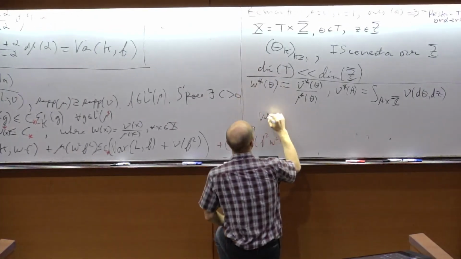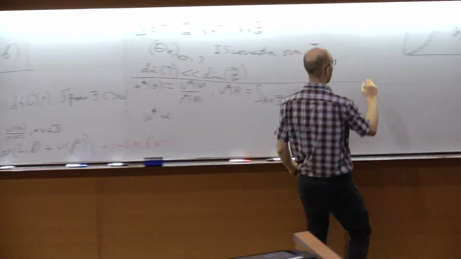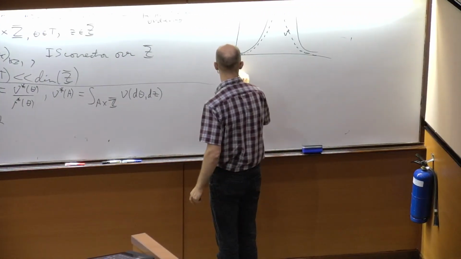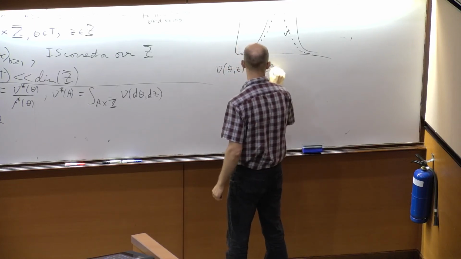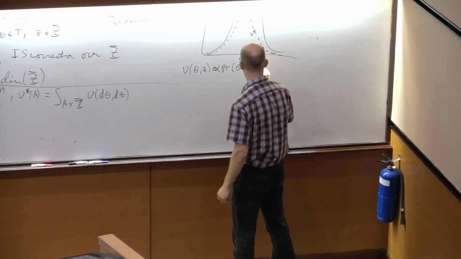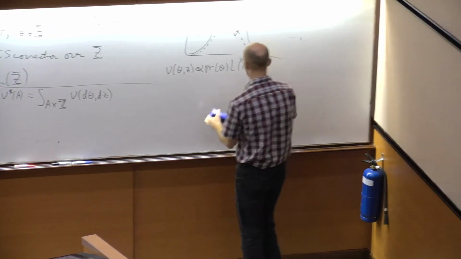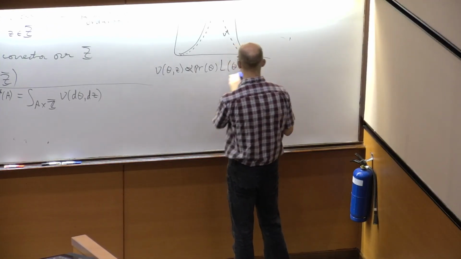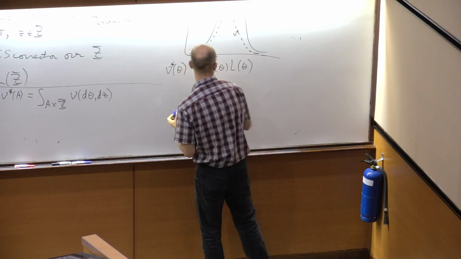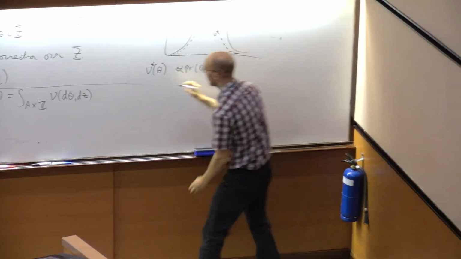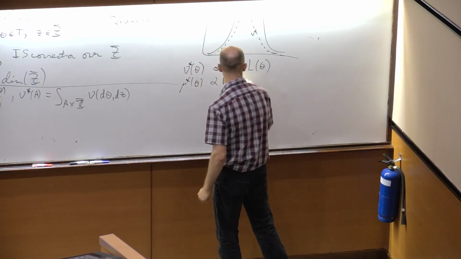So the W star, we can write nu as proportional to a prior times the likelihood. If I only look at this measure here, it is proportional to that, and the mu is proportional to this.